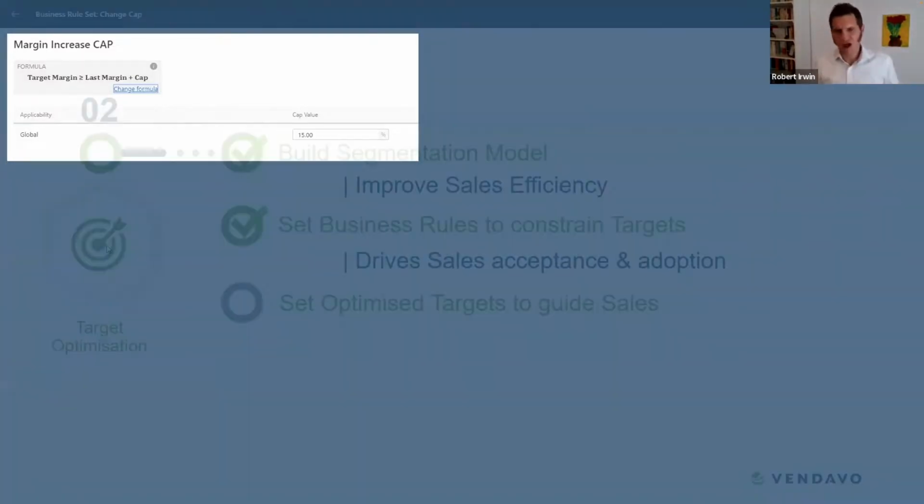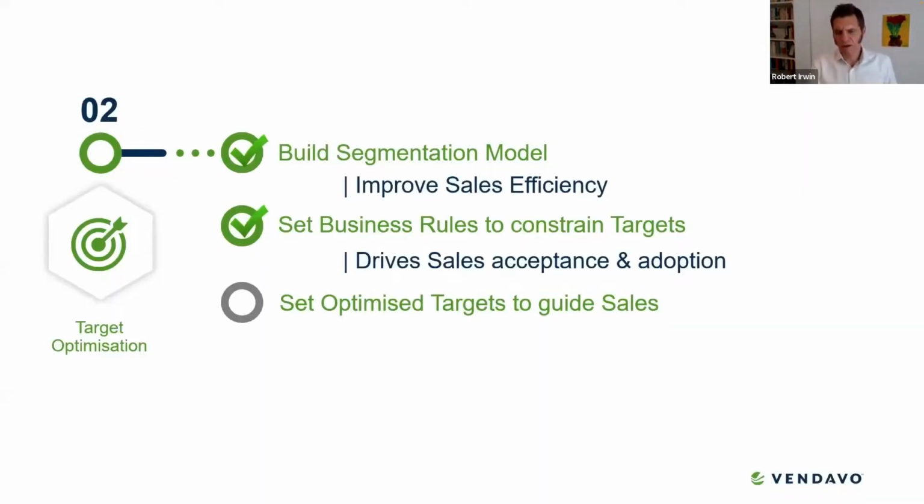So, as I said, driving acceptance and adoption, really helping the sales team see targets that they feel comfortable using. Okay, my third and last step then is to set and run the optimize targets. And again, we use this concept of management by exception.